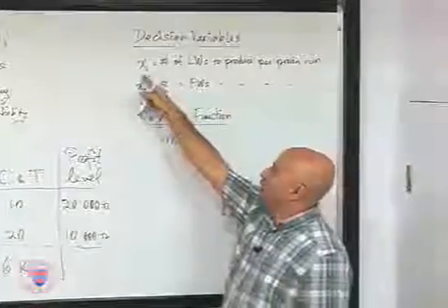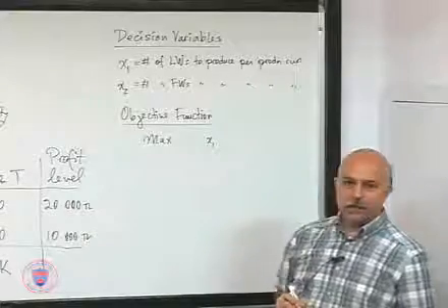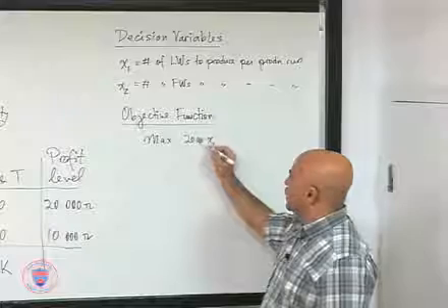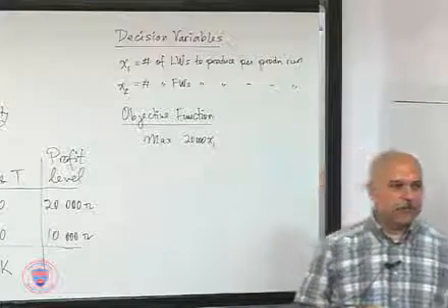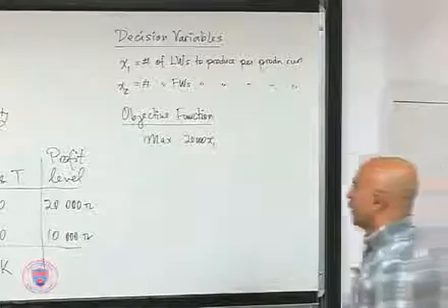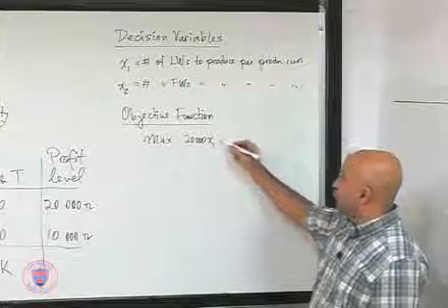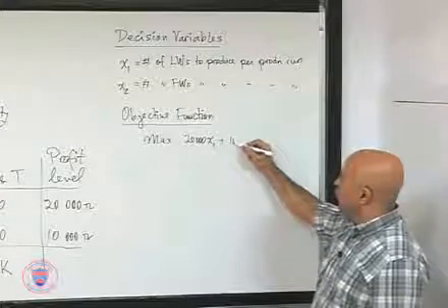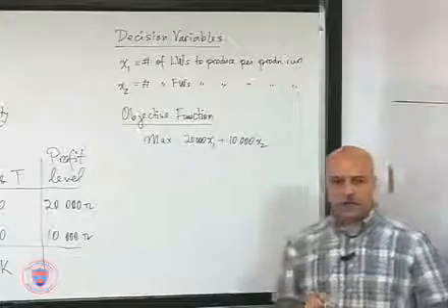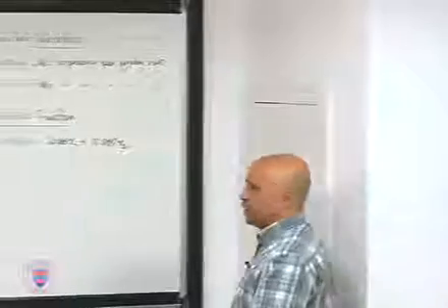And if I've got x1 units of the first type of car, and if each one gives me 20,000 Turkish lira profit, of course 20,000 times x1 is your total profit coming from the first type of cars. The second one, each one gives you 10,000. So 10,000 times x2 is your profit contribution coming from the second type of car.